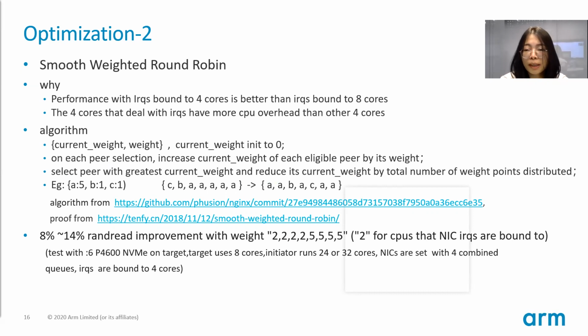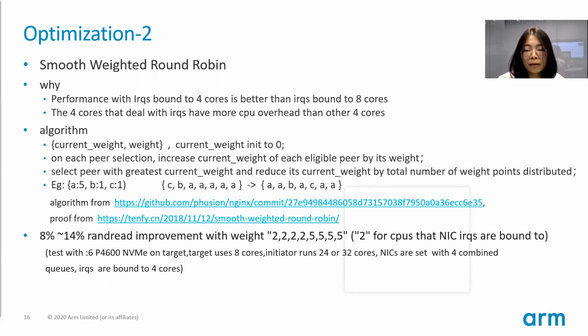For each node peer, we have 2 attributes: the current weight, which is initialized to 0, and the weight that we set for this node. On each node selection, we increase the current weight of each node by its weight, and then select the node with the greatest current weight and reduce its current weight by the sum of each node's weight.